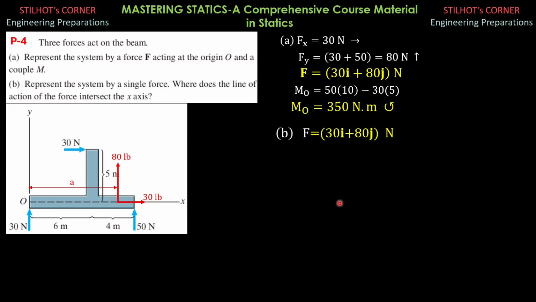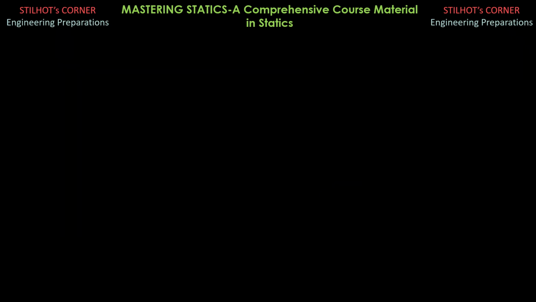So by principle, Fy times A is M_O. So 80 times A equals 350. A therefore is 4.375 meters. So that's it for this problem.